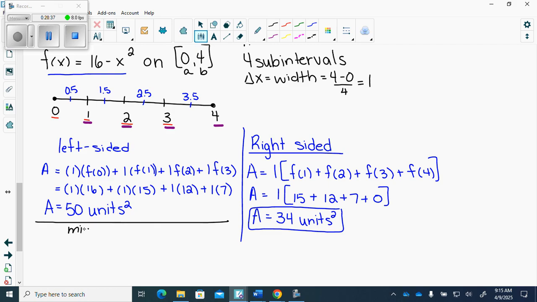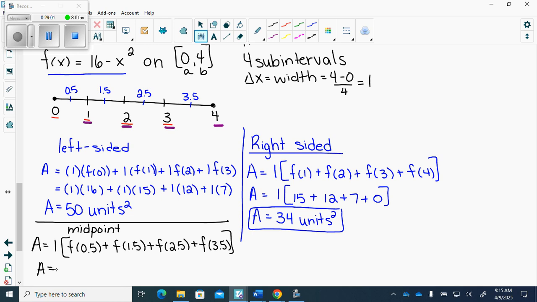So midpoint, we now need area equals, we can leave the 1 outside because they're all the same. And now I would get f of 0.5 plus f of 1.5 plus f of 2.5 plus f of 3.5.